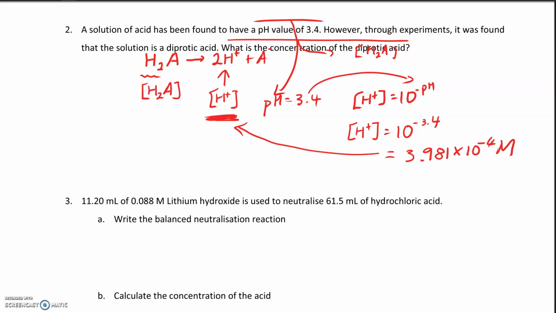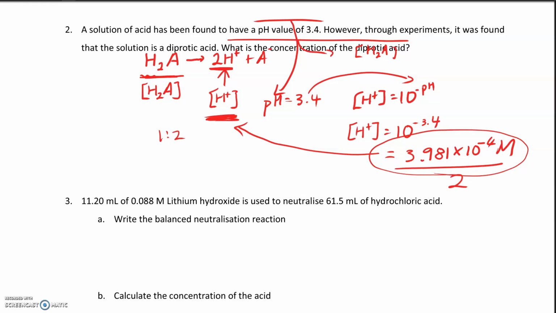Now, we understand that this is a diprotic acid, which means the ratio between the hydrogen ions, the protons, that are released to the acid itself is a 1:2 ratio, which means whatever the concentration of the hydrogen ions is doubled of what the original acid's concentration is, which means all we need to do is divide our value by 2.